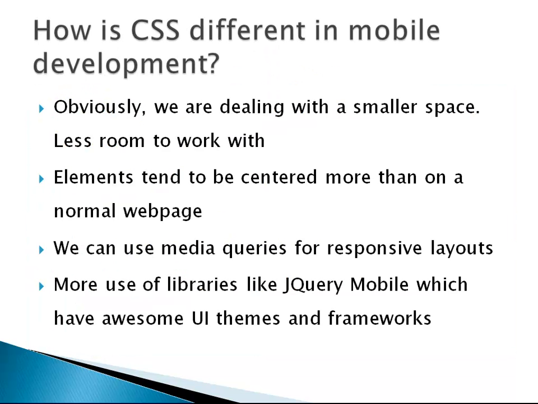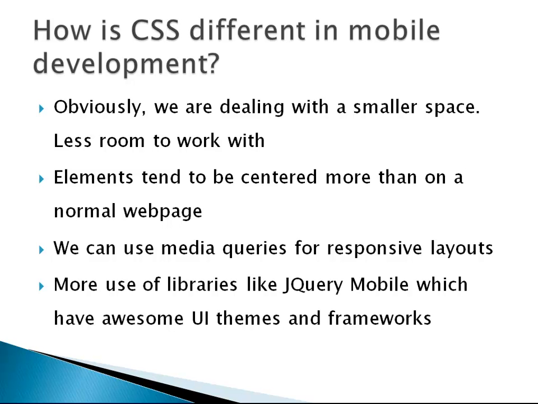So how is CSS different in mobile development? Obviously we're dealing with a smaller space and we have less room to work with. So our techniques and our way of styling is going to be a little different. Elements tend to be more centered than on a normal web page. You don't typically have a website with all its text centered, but it actually works out well on a mobile device.